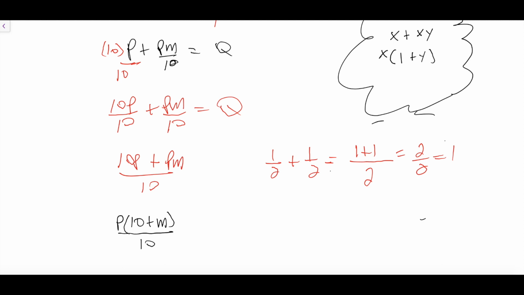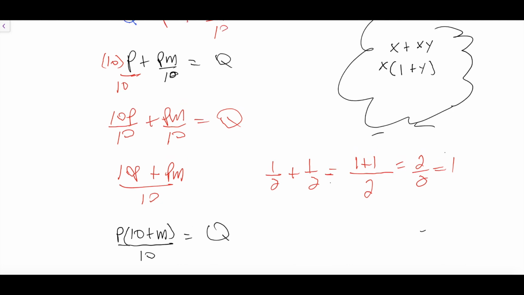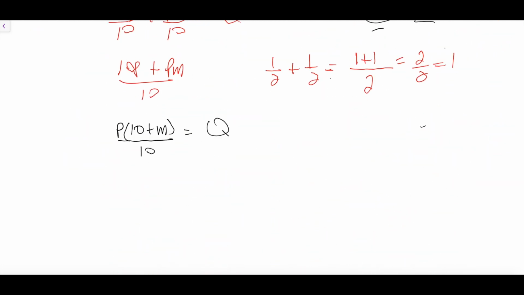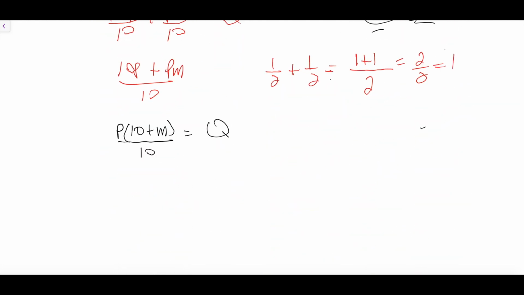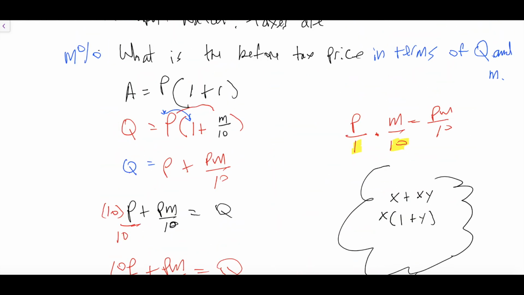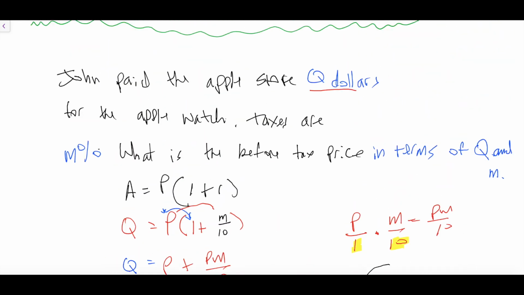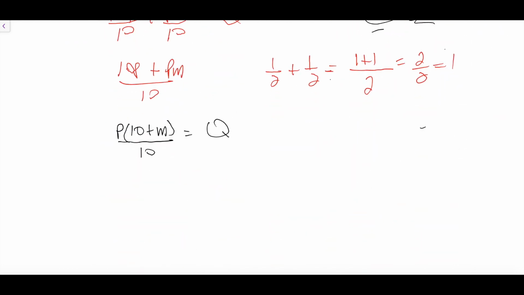The question said in terms of Q and M. It said, what is the before tax price? So we have to find our P. Great, so now I'm going to rewrite this as P. Let's just do it like this.